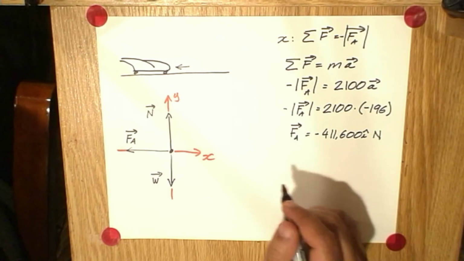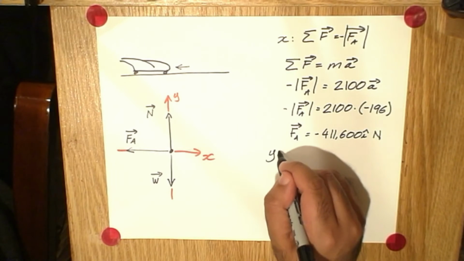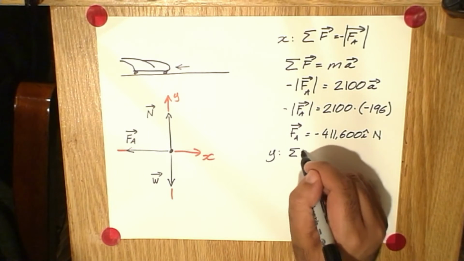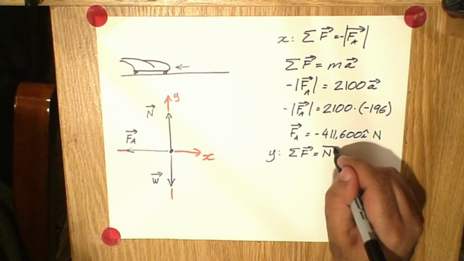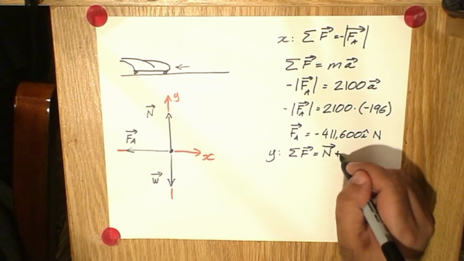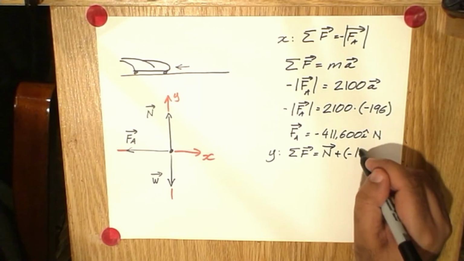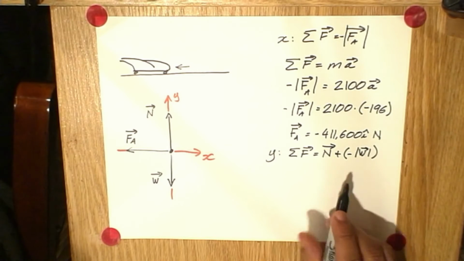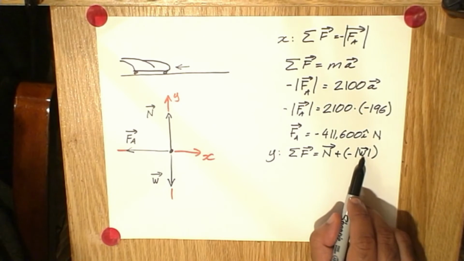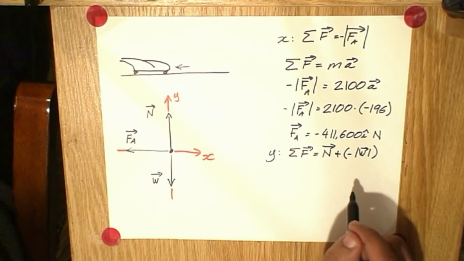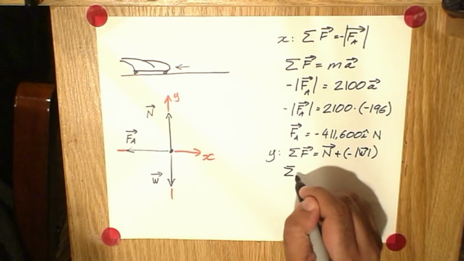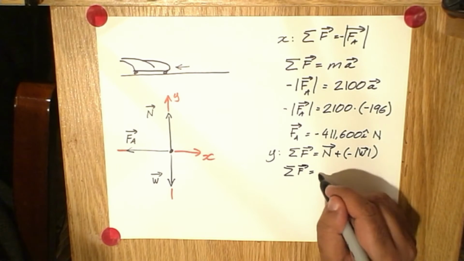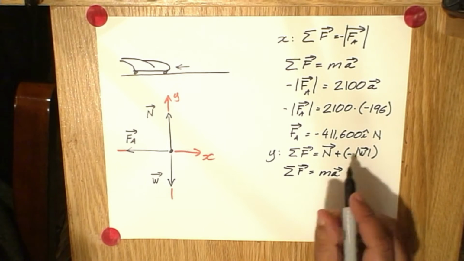Now, although the question didn't ask for this, in the y direction, the total force is going to be equal to the normal force pointed up plus the weight force pointed down, which I would symbolize like this, plus negative weight force to make sure that we don't run into any questions about signs. But in the y direction, the total force is also equal to mass times acceleration.